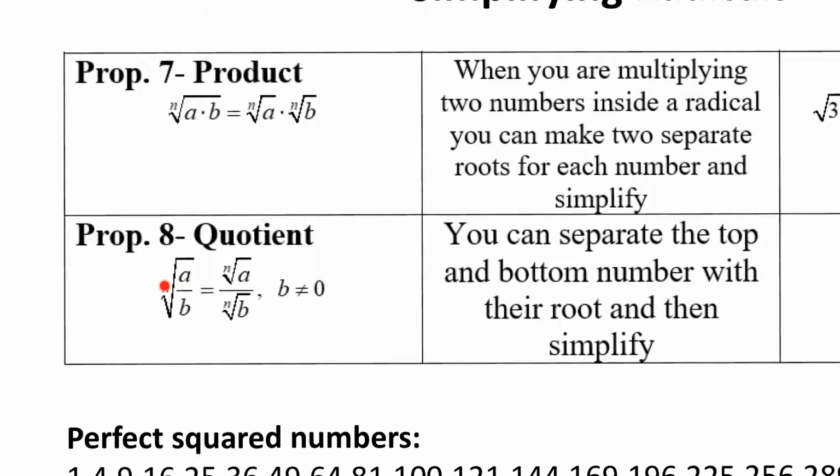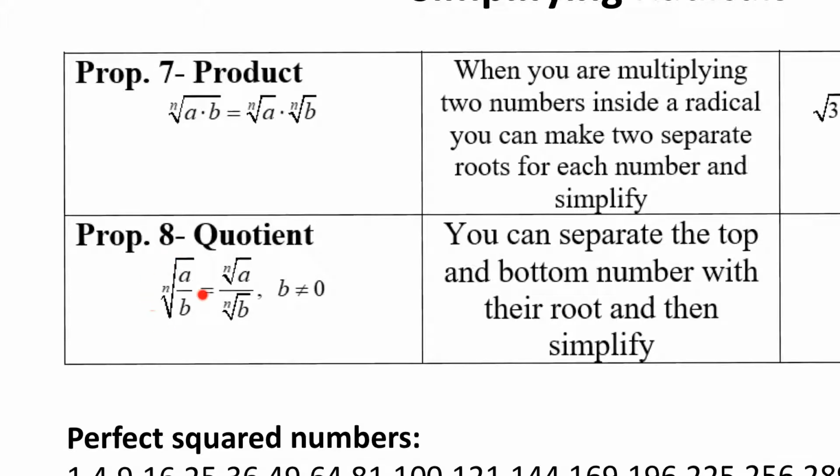Notice that we do have an n outside of the radical. That's because we don't only have square roots, where square means 2, but we also have cube roots, cube meaning 3, fourth roots, fifth roots, and so forth. In my next video, you will learn about those different roots. But right now, we are just going to focus on square roots.